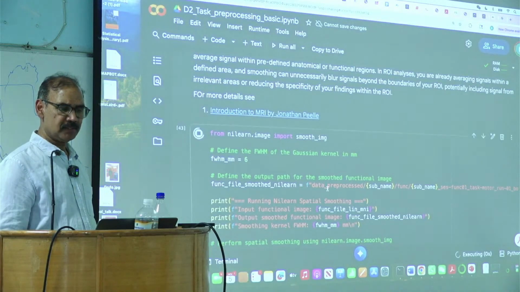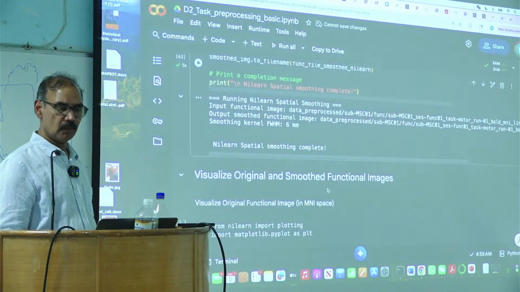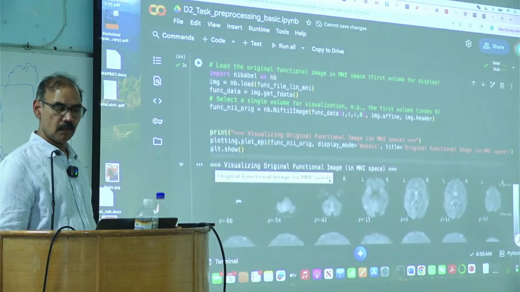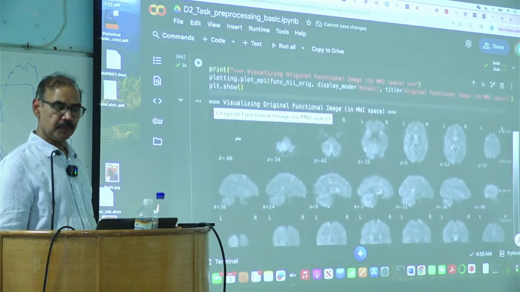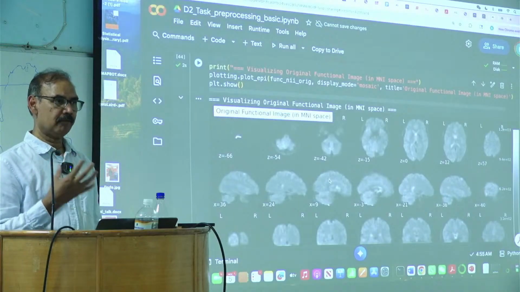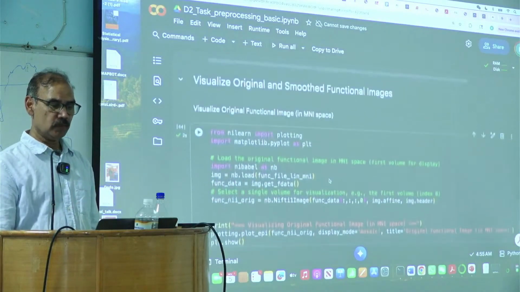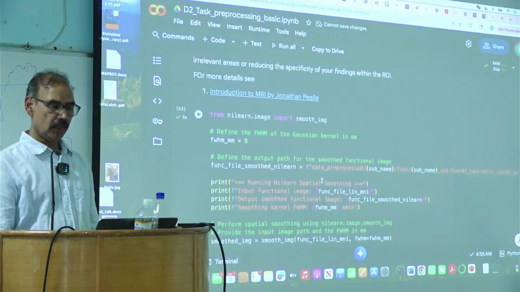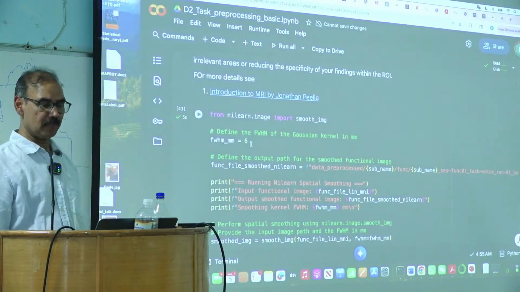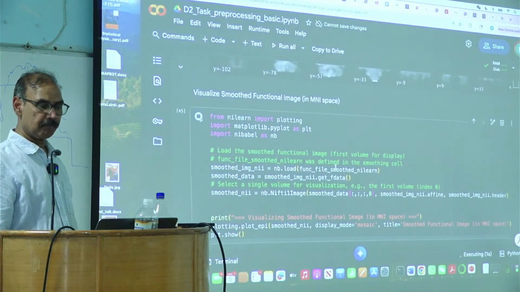So the next is spatial smoothing. Here, what we have done is taken the data and smoothed it using 6 millimeter spatial smoothing, and then basically redone the analysis.